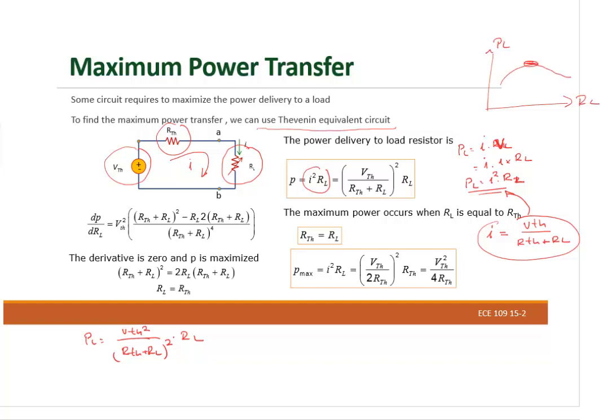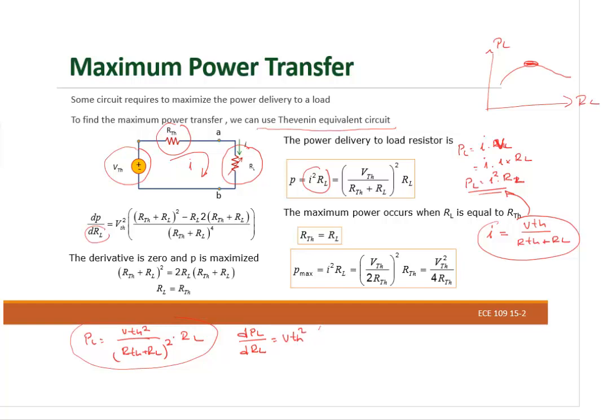To find the maximum value, we can take the derivative of this as a function of RL, so we can see what RL value makes the power maximum. So we have dPL divided by dRL. VTH is constant, so I'm going to put that outside.